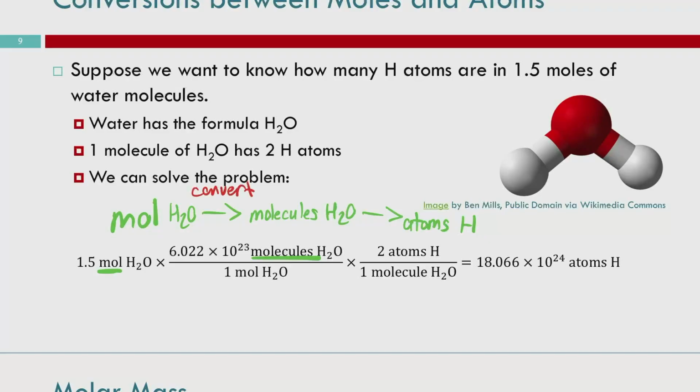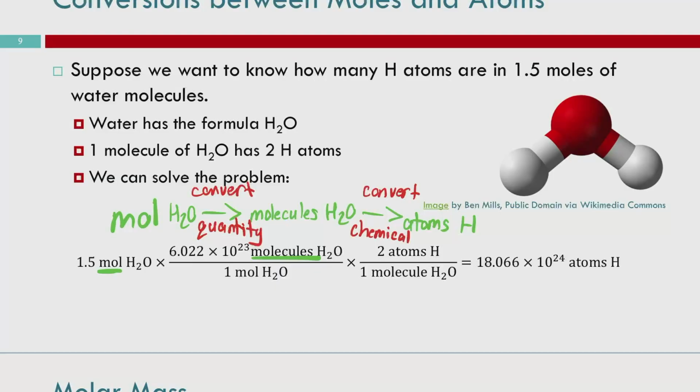So our first step was to convert the quantity, moles to molecules. Our second step, we converted the chemical. You could do these steps in the other order if you wanted to. It doesn't make a difference. Notice that we also swapped from molecules to atoms. That's sort of a pedantic thing. It's just that we're counting the smallest unit. H2O is a molecular compound, so its smallest unit is molecules.